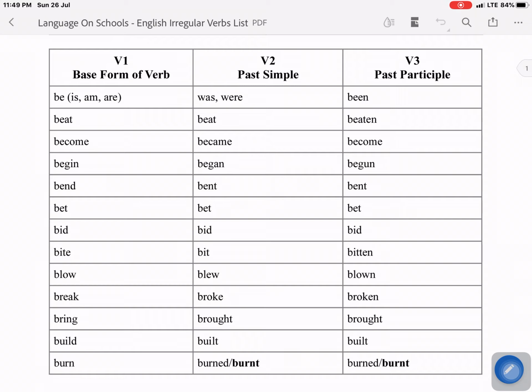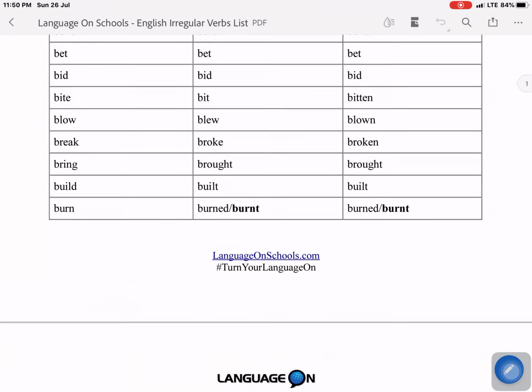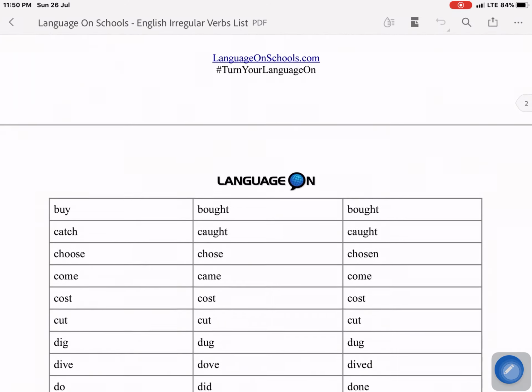To learn tense, this is the first and foremost thing that you should learn, conjugation of verbs. Here you can find break, broke, broken, breaking. Bring, brought, bringing, like this. You have to learn all these things.